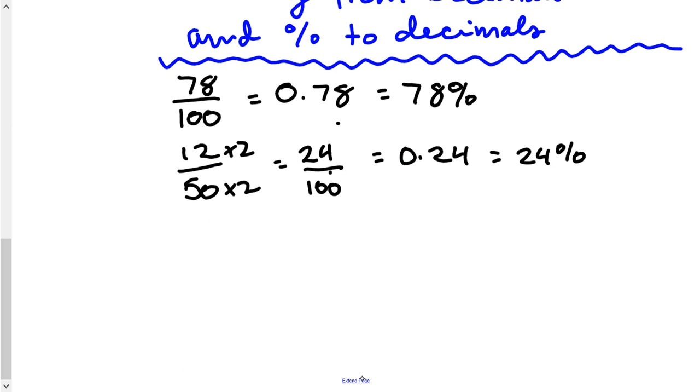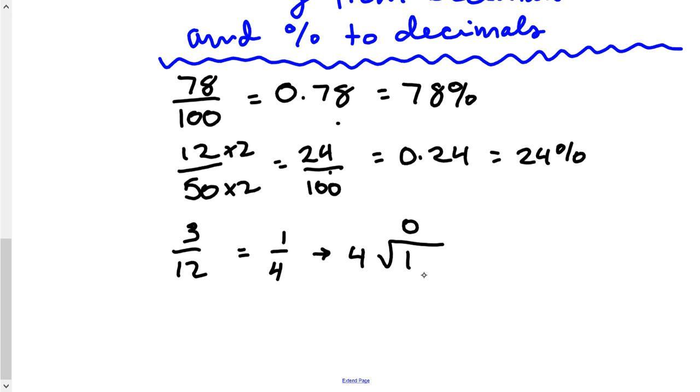Sometimes we have fractions, though, where they don't multiply to 100. We have to divide it out. So, for example, let's go 3 over 12 is equal to 1/4 reduced. And then we could divide this by putting it into our calculator, or we could do long division. 4 dividing into 1.